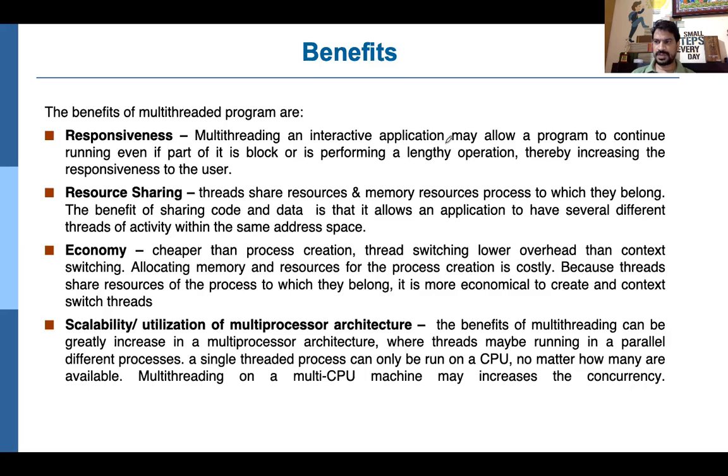The meaning of responsiveness is, let's say when we do scheduling and we have a process, response time is when a process gets the CPU. So here also it is the same.